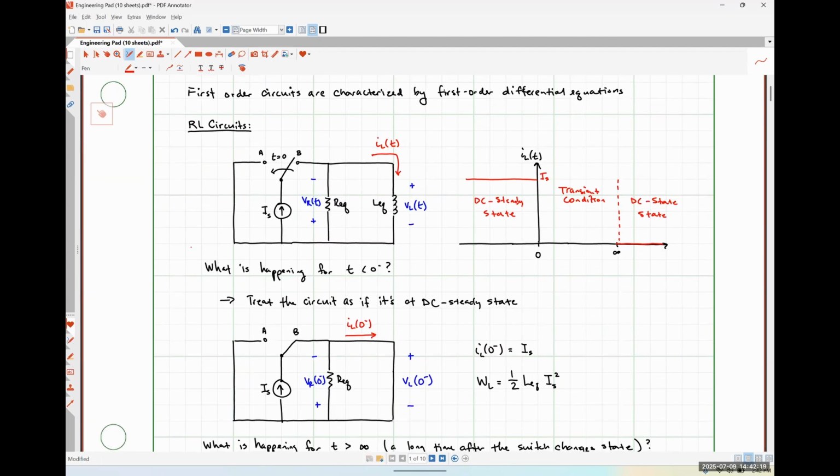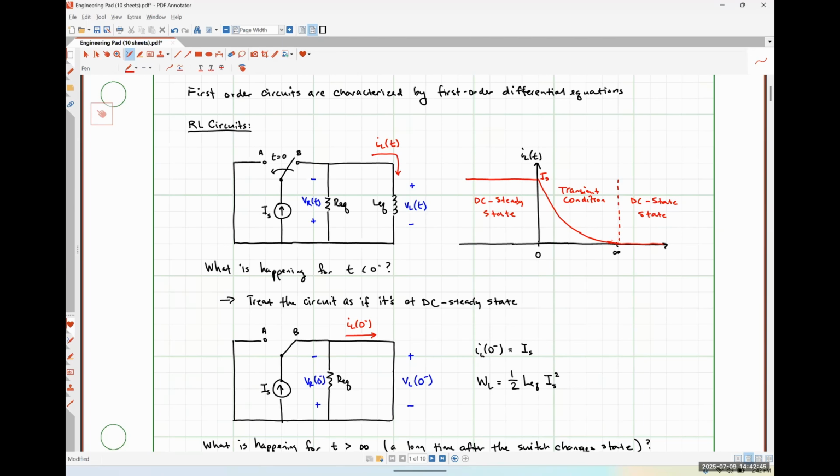What we should see is that during this transient condition, our inductor current gradually decays from IS down to zero, and the rate of decay is dependent on the value of REQ and LEQ. Okay, so are we all okay with that?